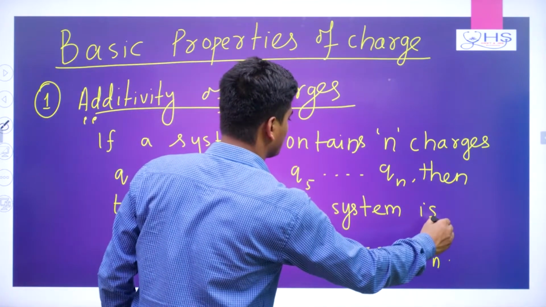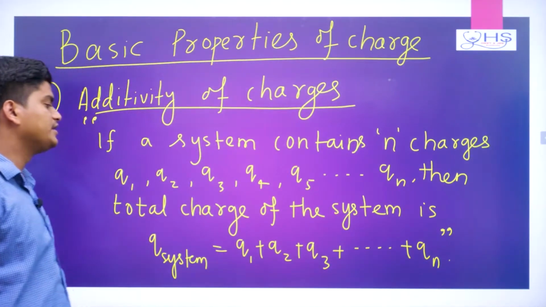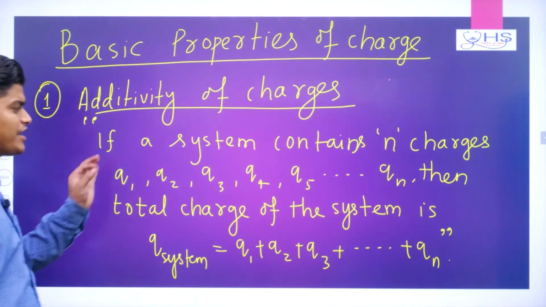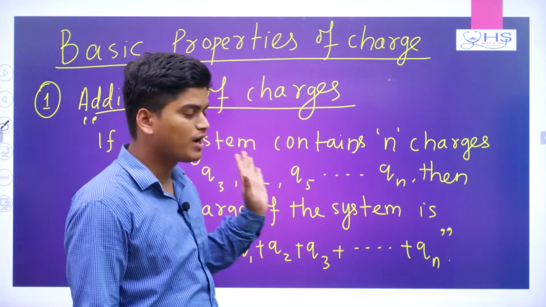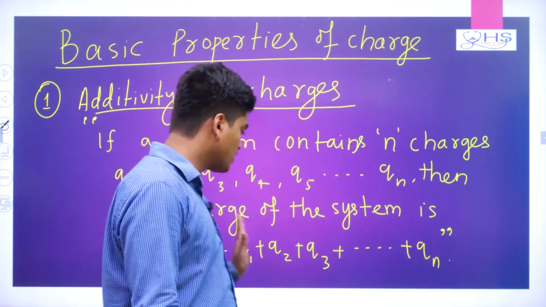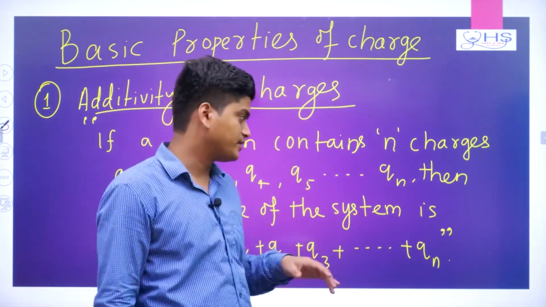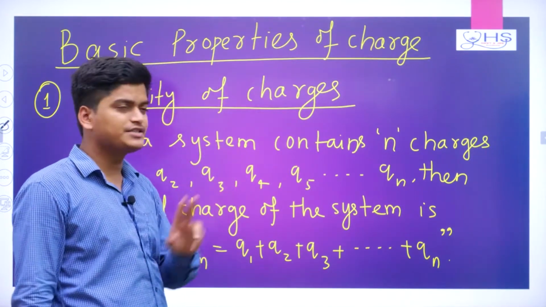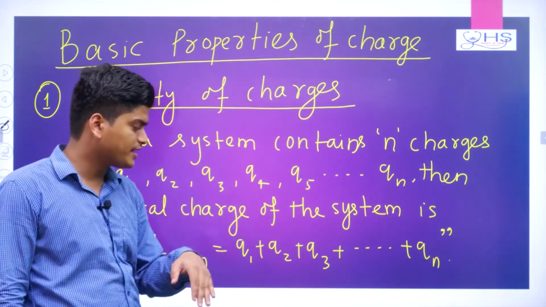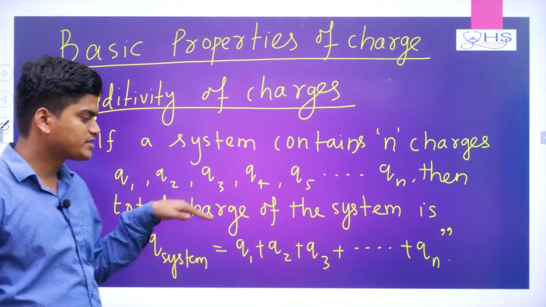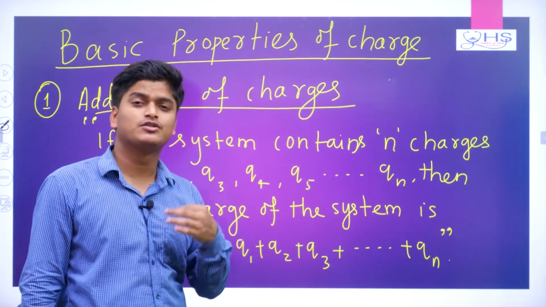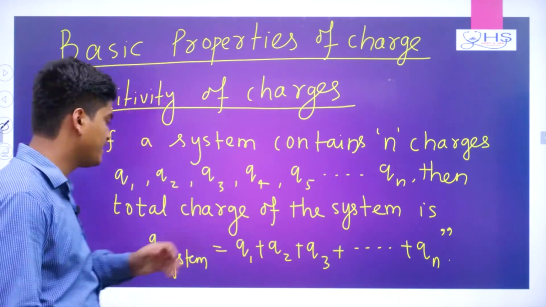This property is called the additivity of charges. The charge of any system is the total charge you add, but add with sign. Charge is of two types, positive and negative, so while adding charges it is scalar addition, but you have to put in the sign of the charge.